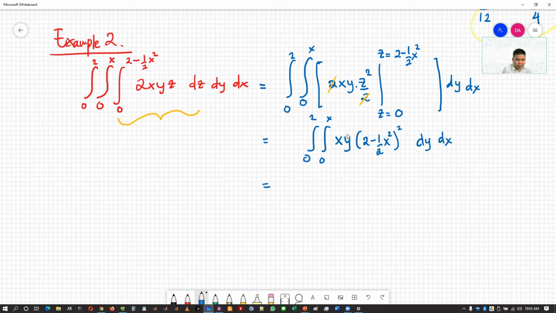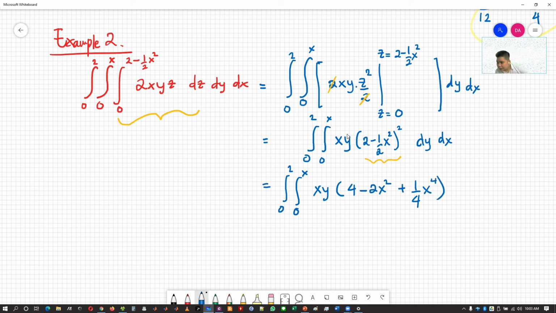So I break down the square here. We have xy times, this one becomes 4, 2x squared plus 1 over 4 x to the power of 4. I guess that's correct. This is the dy dx.